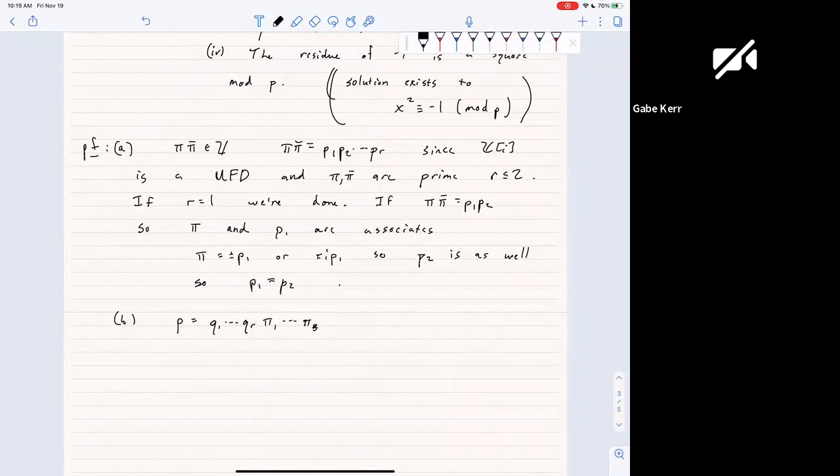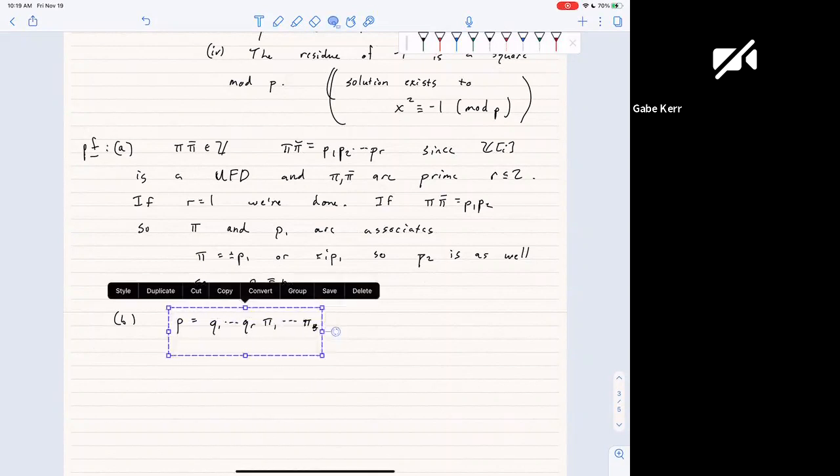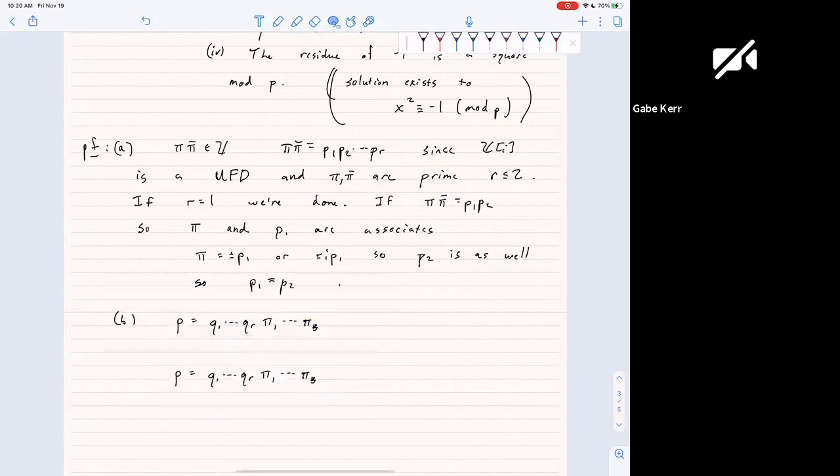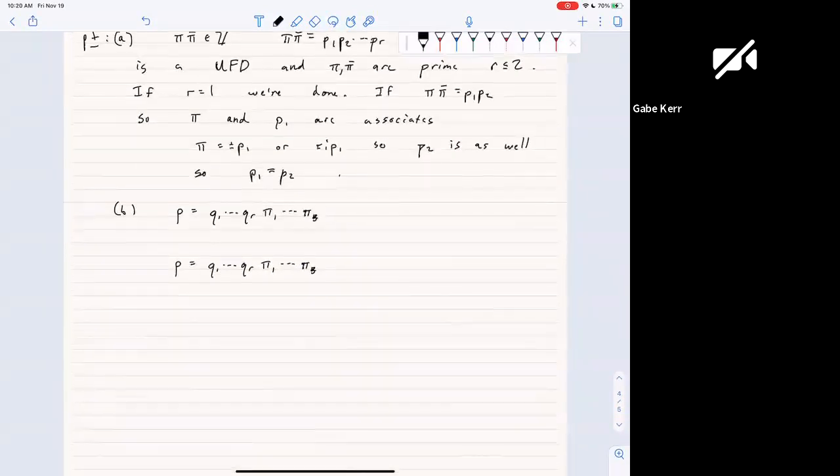This is my irreducible factorization that I'm writing. I can take the conjugate, so P bar equals the conjugates of these factors. Since it's unique, I can find a bar amongst these factors.